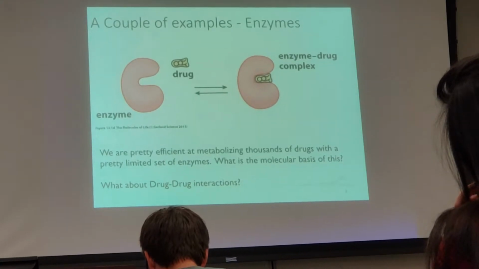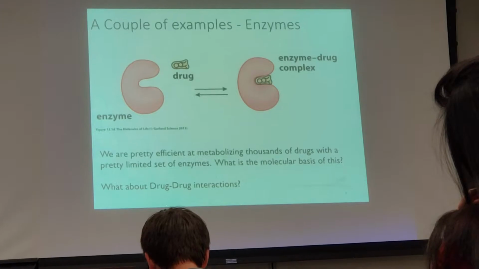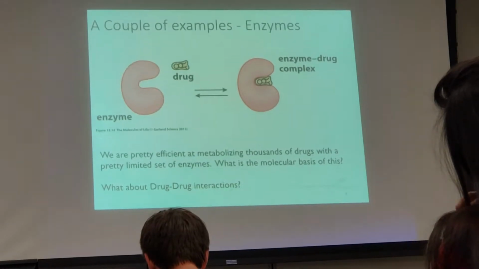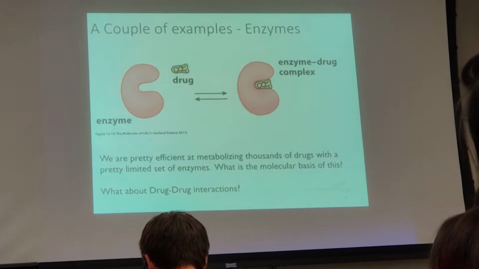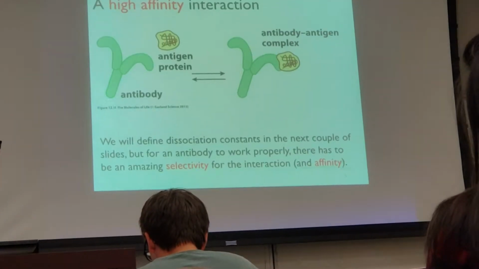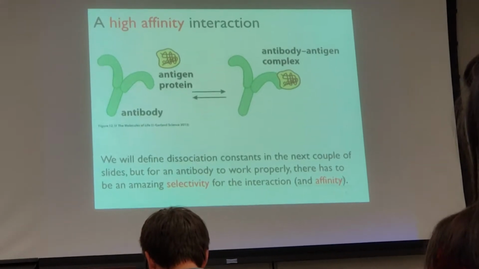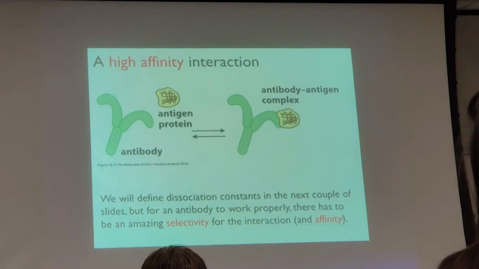You prescribe a medicine, you give it a dosage. Well, what dictates the dosage that needs to be effective? Ultimately, it's the equilibrium. And then there's this issue of drug-drug interactions. I'll show you in a second. So again, lots of issues of affinity and selectivity.